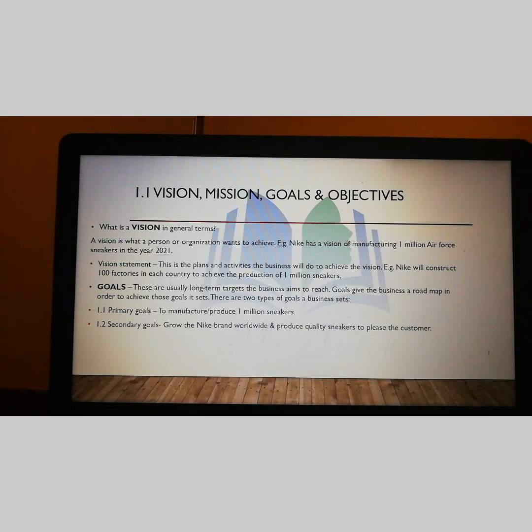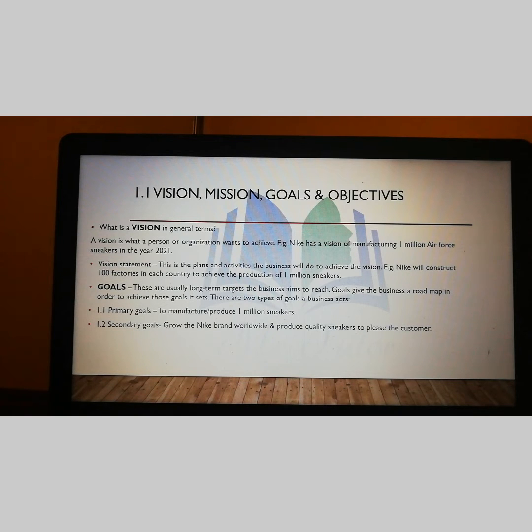There are two types of goals a business sets. I might be right, I might be wrong, but this is according to my understanding. The primary goal is to manufacture or produce 1 million sneakers. A personal primary goal is to drive a Bentley in 5 years.